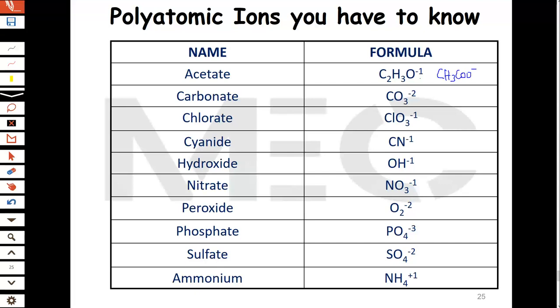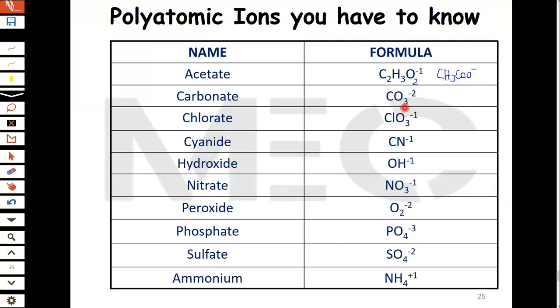I think 2 oxygens are needed here: 2 carbon, 3 hydrogen, and 2 oxygen. Yeah, this is called acetate, which is an organic ion. We learn this more in organic compounds and organic chemistry.